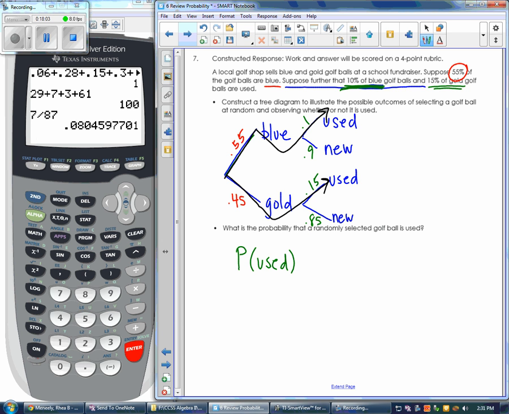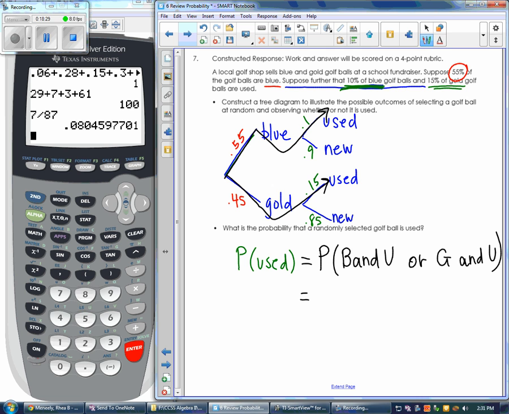If I were writing this out using notation, I'm going to use B for blue, G for gold, and U and N for used and new. So I'd be trying to find the probability of blue and used, or gold and used. And remember, with the ands, we multiply. With the ors, we add.